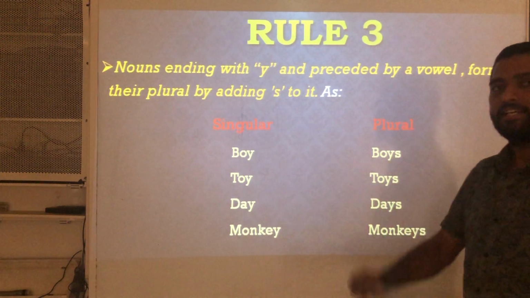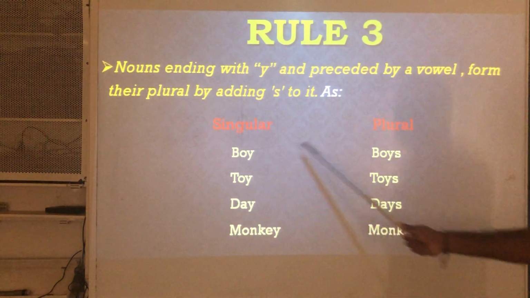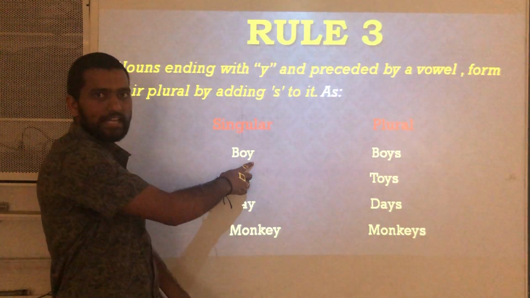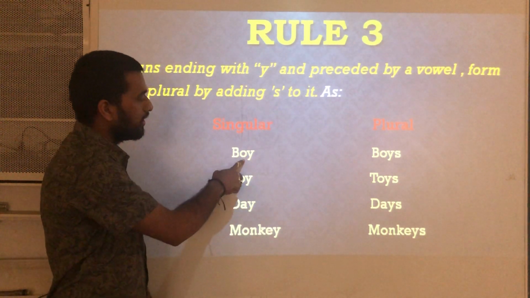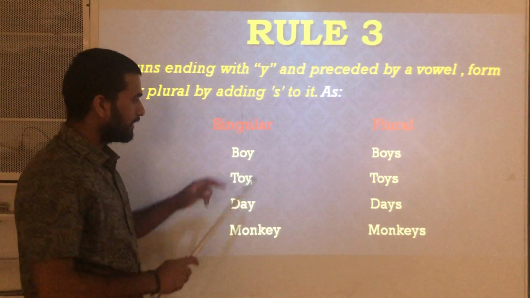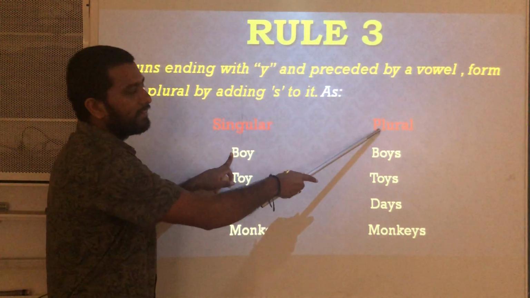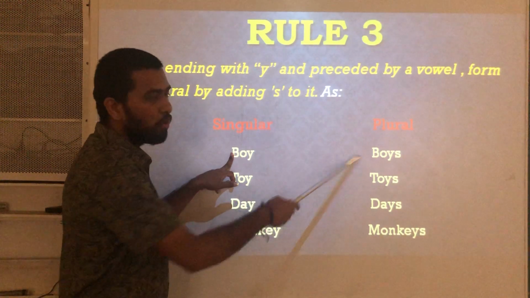As the example given, boy, boys. See here, y is the last letter and before this letter a vowel is there, yes or no? That is o. So just by adding s to it we can make the plural, so it becomes boys.